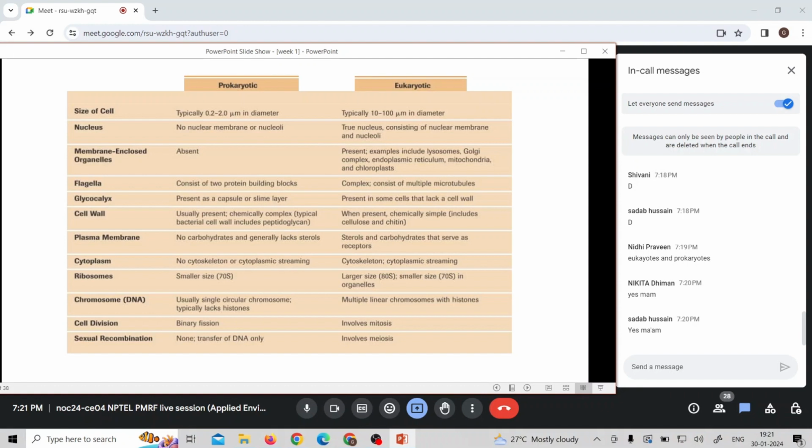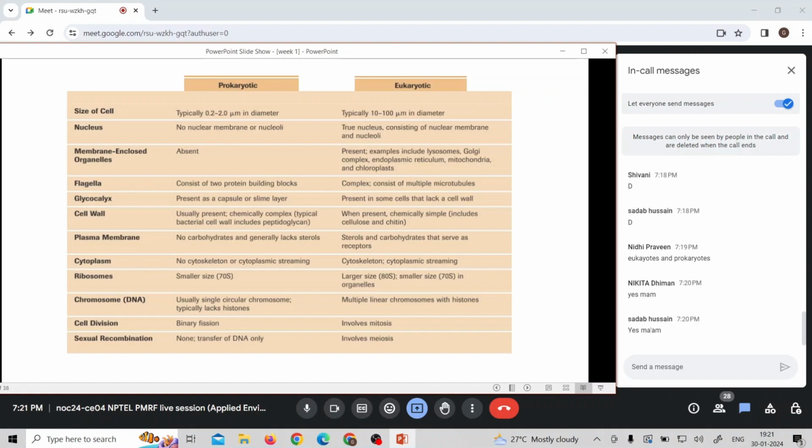And when it comes to the eukaryotic cell, that is where we are going to call that portion a nucleus. Eukaryote means true, and karyotic is nucleus. So the organisms that contain true nucleus are called eukaryotic. And the other differences: generally prokaryotic cells are smaller in size compared to the eukaryotes, and the prokaryotes lack membrane enclosed organelles.